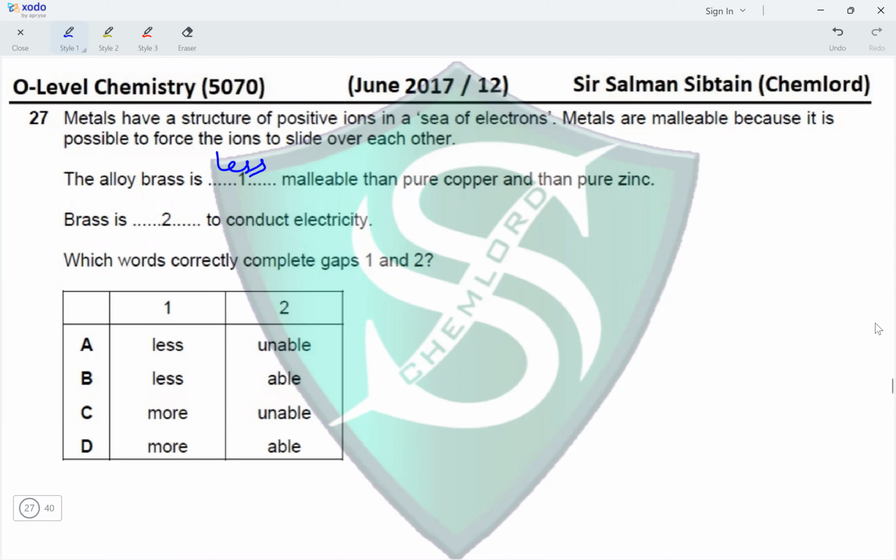And brass is dash to conduct electricity. Brass is a metal, it is an alloy, it is able to conduct electricity. So which words correctly complete gaps 1 and 2? Gap 1 is less, eliminating options C and D, and gap 2 is able, eliminating option A, making option B the correct option for this question.